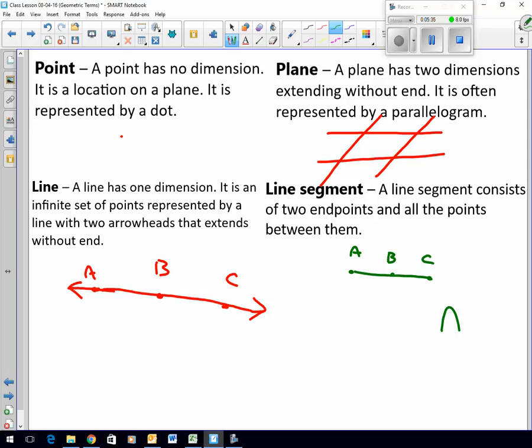So when I write line segment, I'm going to write it like that. Line segment is written with just a straight line on top of the letters. When I write a line, I'll write the points that I technically go through. I don't have to worry about B because it's between A and C. And I write a symbol that has arrows on both sides.